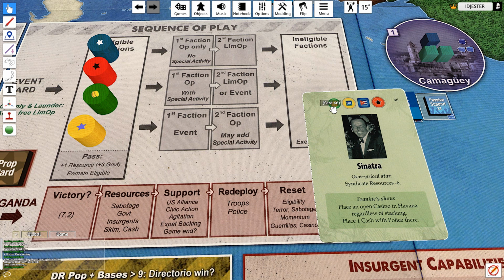And I find that to be true about 60 to 70% of the time. Whoever the first player is, whether it's a COIN player or the insurgents player, usually has a pretty good event.